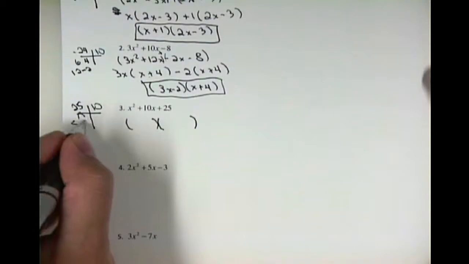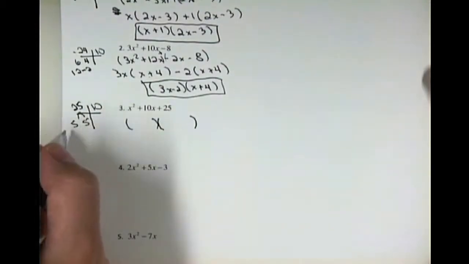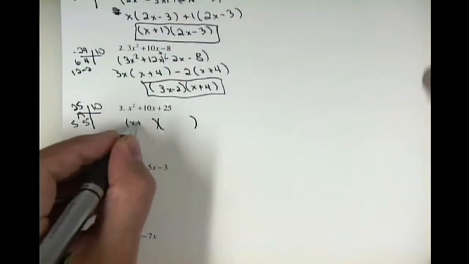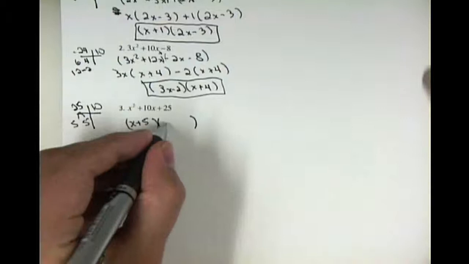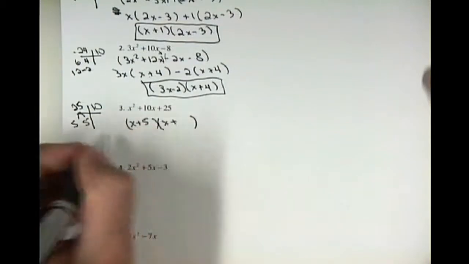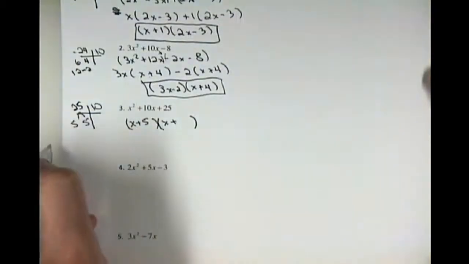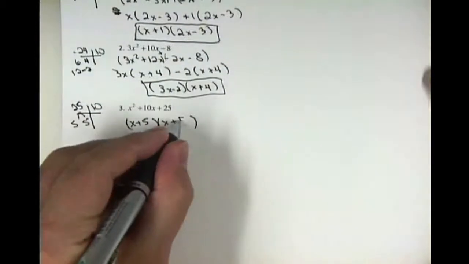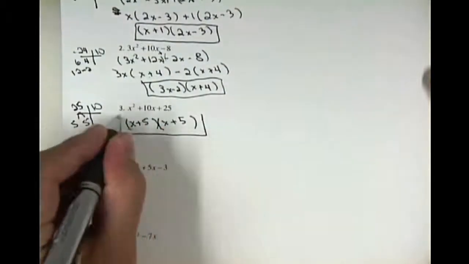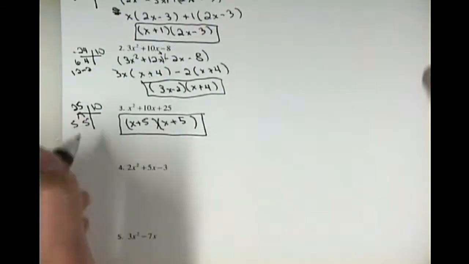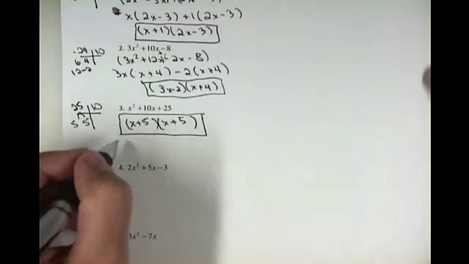And here we're going to use 5 and 5, because 5 plus 5 is 10, and 5 times 5 is 25. Both of these need to be positive, and the shortcut is when there's not a number in front of x squared, you can just put x and then your factor. So x plus 5 and then x plus 5 in parentheses.